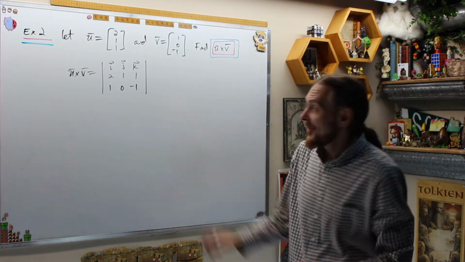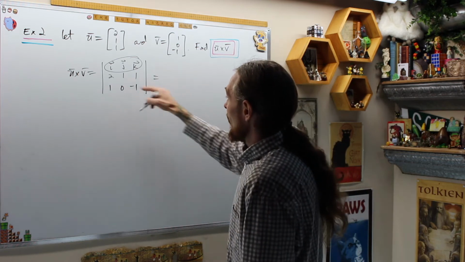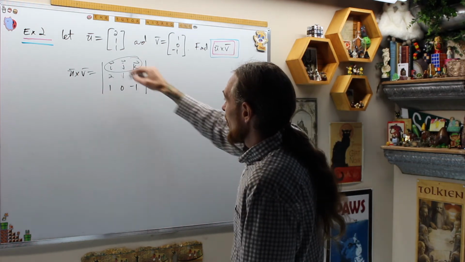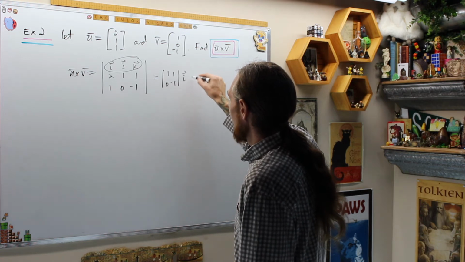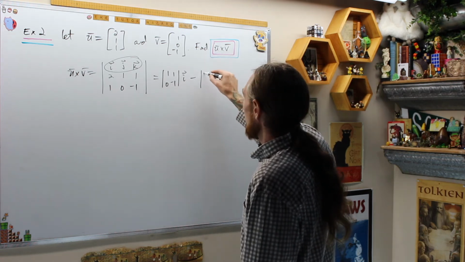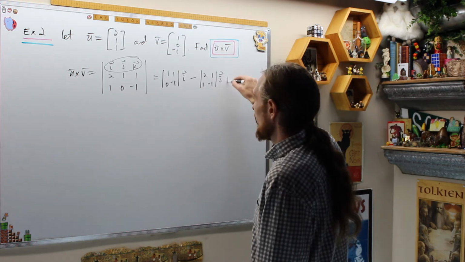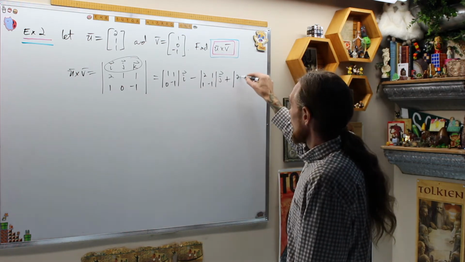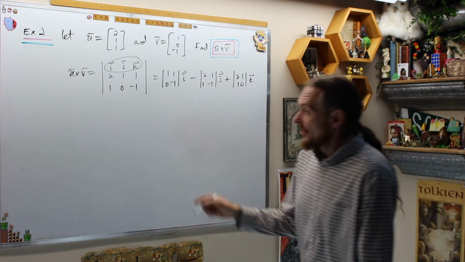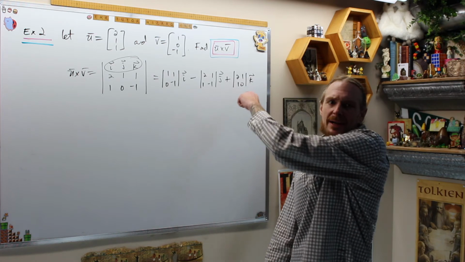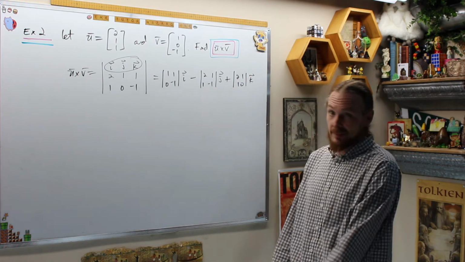Now I cofactor expand along the top row, and this gives me, what do I get? I'm going to get the determinant of [1, 1; 0, negative 1] times i, minus the determinant of [2, 1; 1, negative 1] times j, plus the determinant of [2, 1; 1, 0] times k. If you don't remember how to do this, go back to section 2.4.1 and watch the video on how to compute determinants by cofactor expansion.